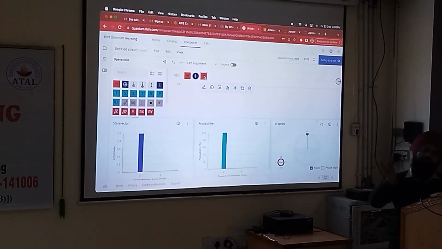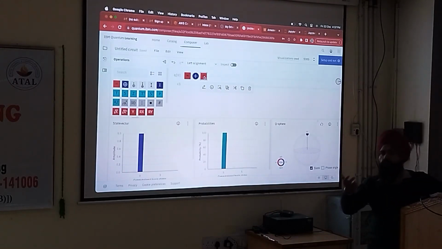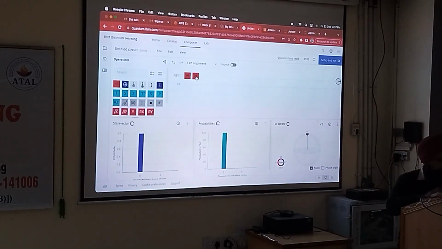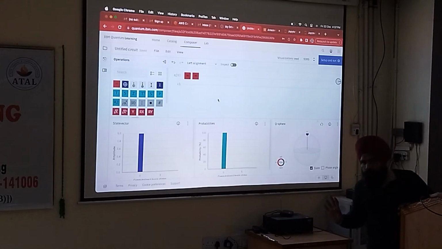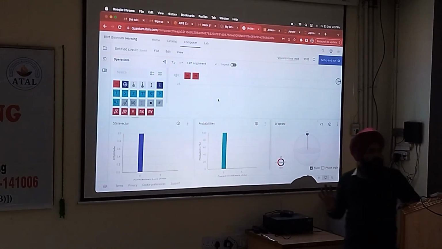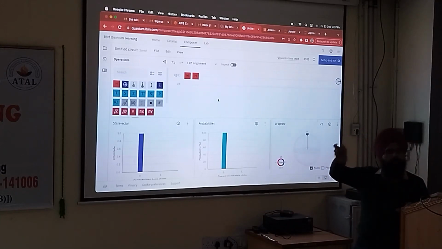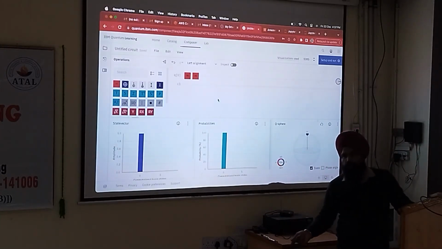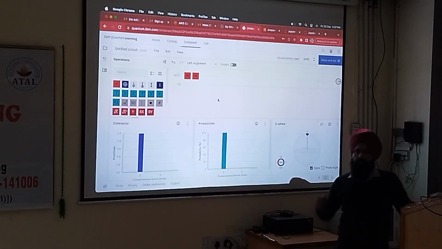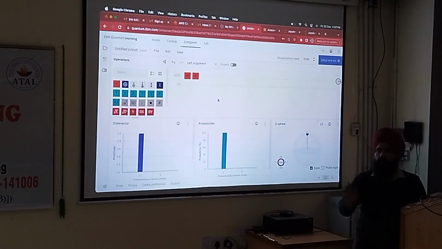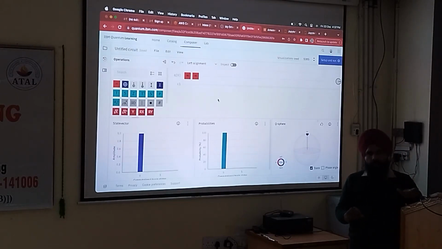Then X does 0 to 1: first 0 converted to 1, and second 1 converted to 0. Then Hadamard comes again. What did 2 Hadamard do? Nothing, back to square one. The first Hadamard created the superposition, the second cancelled it, so 0 stayed 0. If two Hadamards are applied together, they do nothing and 0 remains. One creates, the other breaks the superposition.